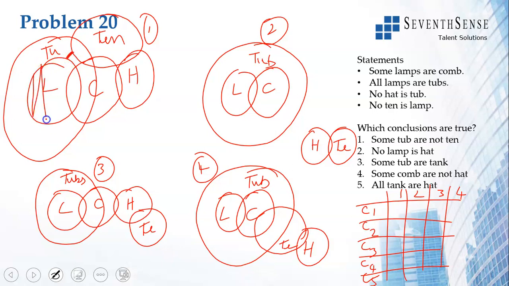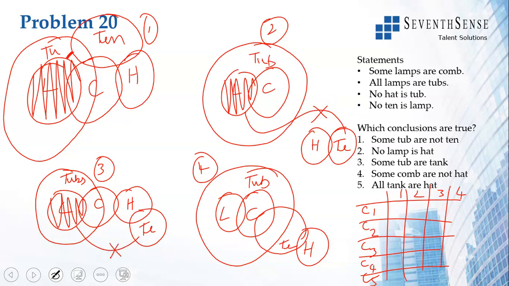So this part of the tub, which are lamps, can never be tens. This part of the tubs, which are lamps, can never be tens. So the tubs which are lamps can't be tens.